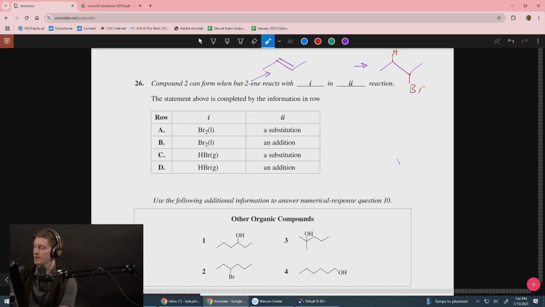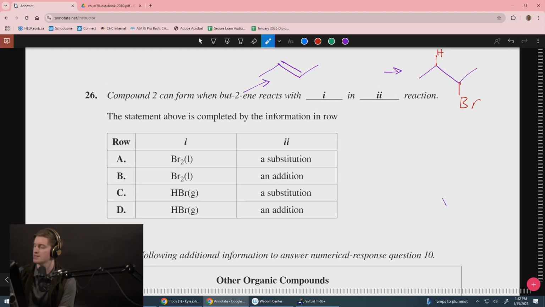If we're getting rid of a double bond, then usually it's a good sign that we have an addition reaction. But the thing that would add to this to create this compound would be hydrogen bromide, because the hydrogen would add to one side of the double bond and the bromine could add to the other side.